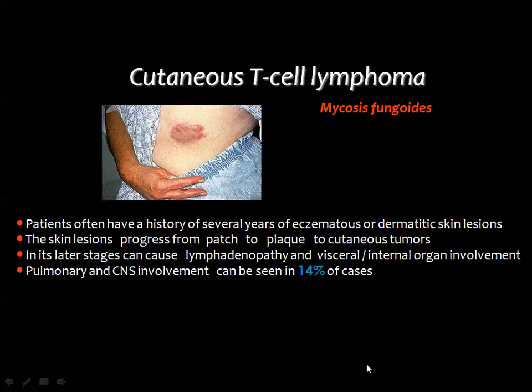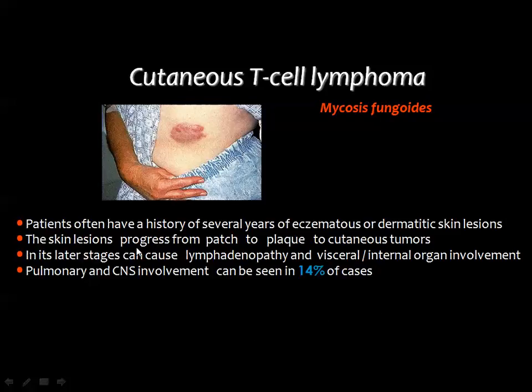Finally, lymphoma can affect the skin and is known as mycosis fungoides, and patients often have a history of eczematous lesion in the skin or localized dermatitis that is not responding to treatment.